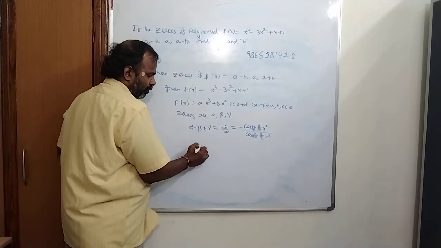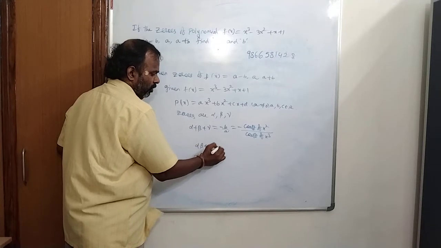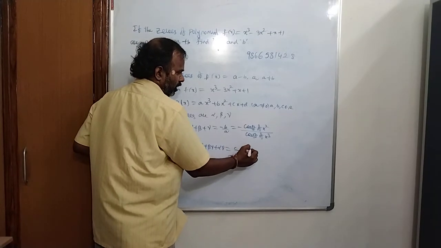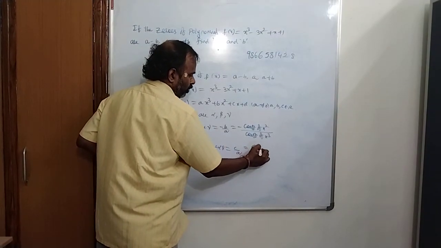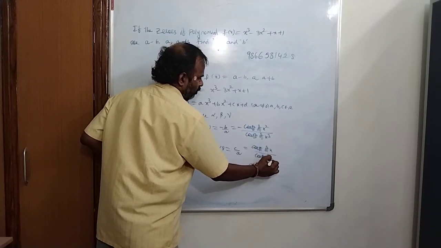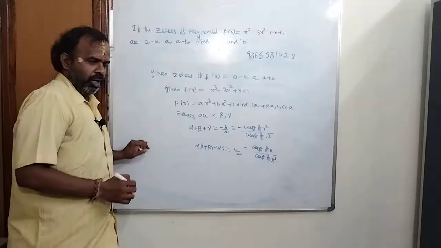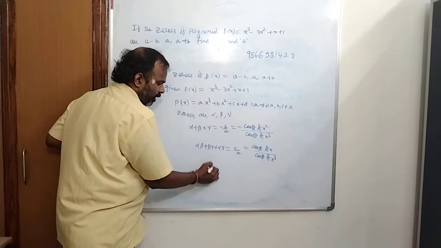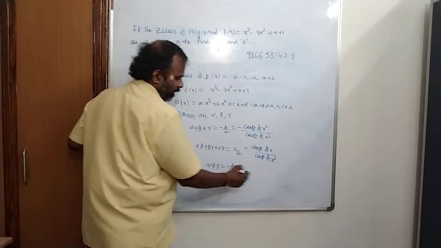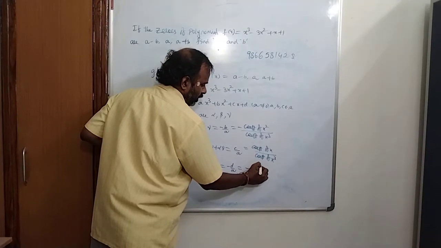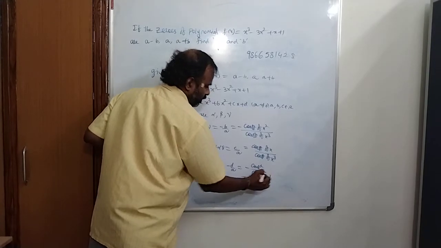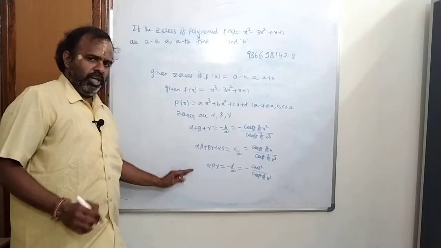Then alpha beta plus beta gamma plus alpha gamma is equal to c by a, that is coefficient of x by coefficient of x cube. Next, alpha beta gamma is equal to minus d by a, that is minus constant by coefficient of x cube. So we have to apply all these three.